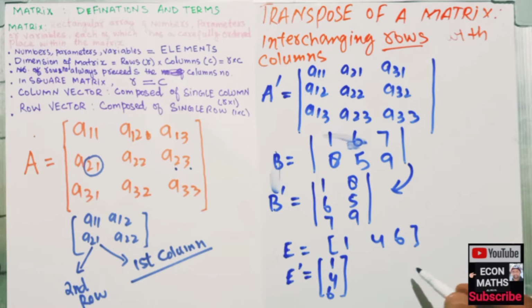Similarly, let us say D is a column matrix 1, 4, and the transpose of this will be D dash. That is, I will interchange them with the rows. So row will become column, and column will become row. Here this will become 1 and 4. So interchanging the rows with columns gives us the transpose of a matrix.